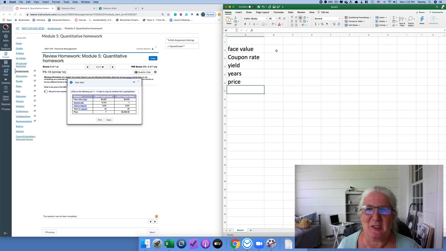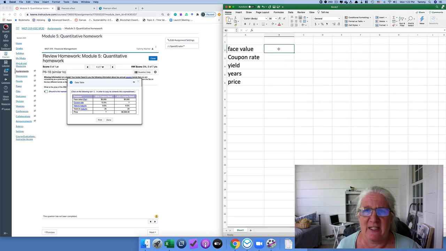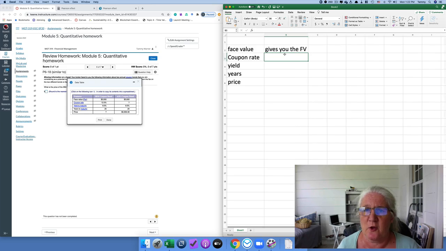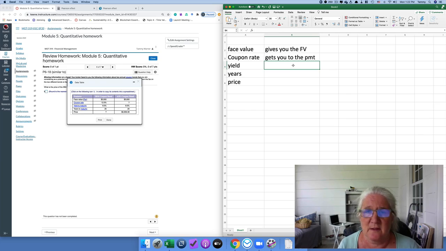Okay, I'm back. So just to go through this table, the face value of a bond gives you the future value. That's going to be your ending future value cash flow. Your coupon rate gets you to the payment, okay? The yield to maturity, that's your discount rate.